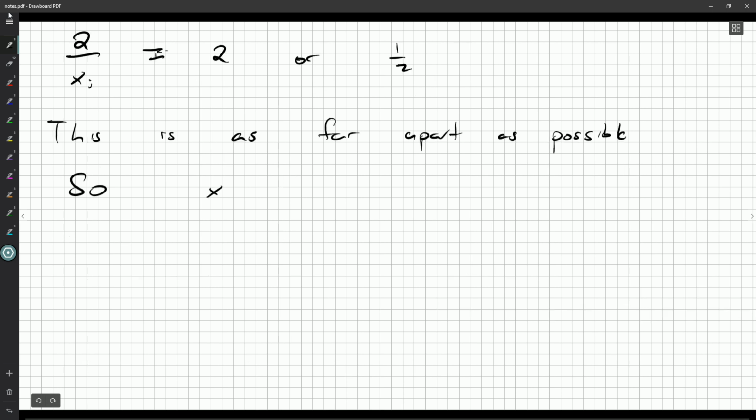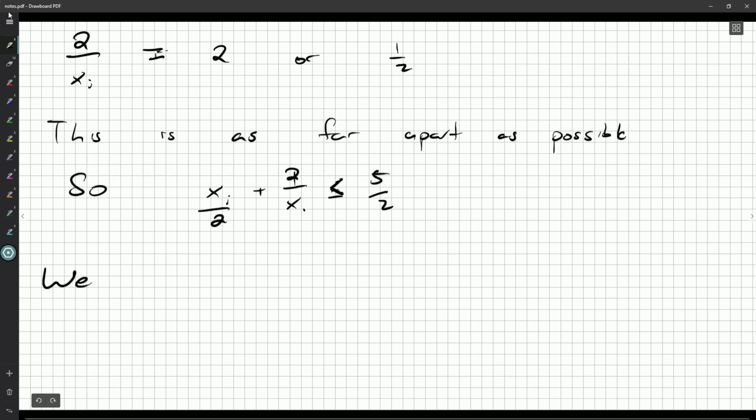So we conclude that this sum here is at most 5 halves, or 2.5, whatever you want to say. So that gives me a bit of a limit on the sums.